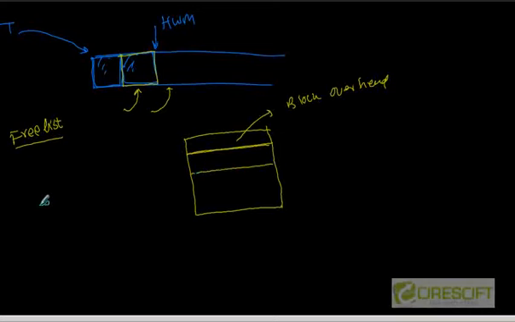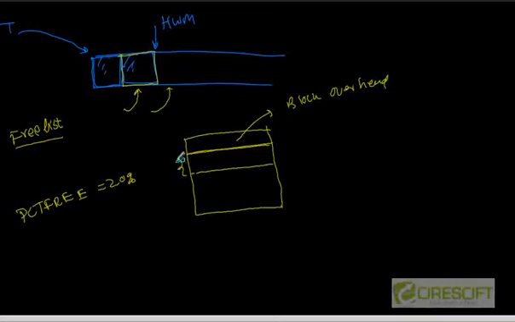Essentially PCT free is a parameter that tells how much space should be reserved for future updates. For example, if PCT free is 20 percent, that means in a new block, 20 percent of the space in the block is left unused.